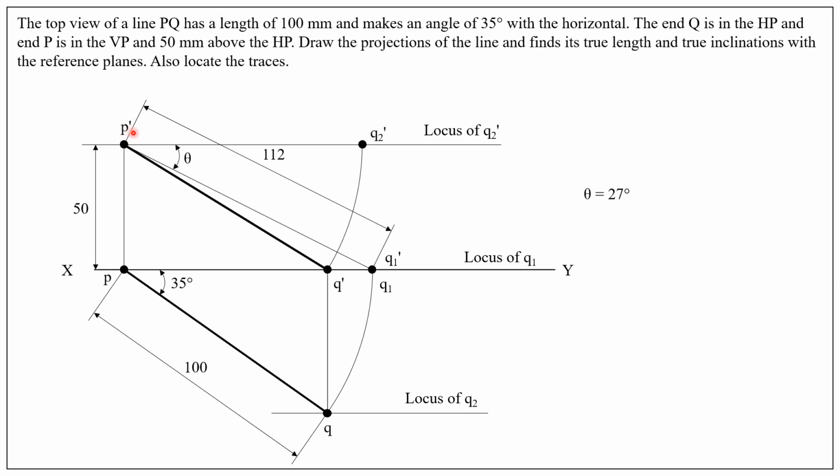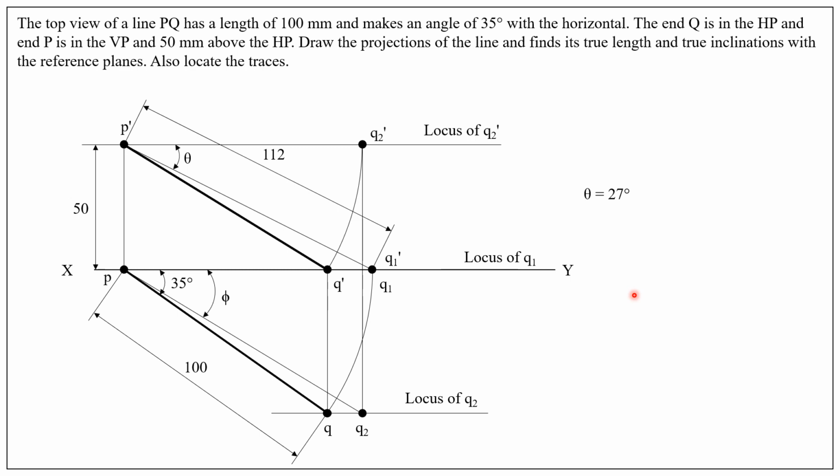P dash is one end and its corresponding top view P is here. Q2 dash is here. What is its corresponding top view? The corresponding top view of point Q2 will lie on this horizontal line, that is the locus of Q2. So from Q2 dash, draw a vertical. The intersection point is Q2. Now we can join Q2 and P.